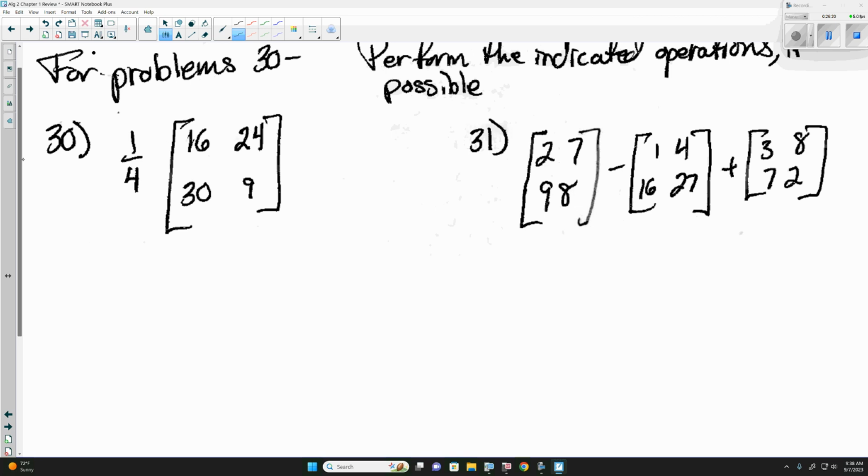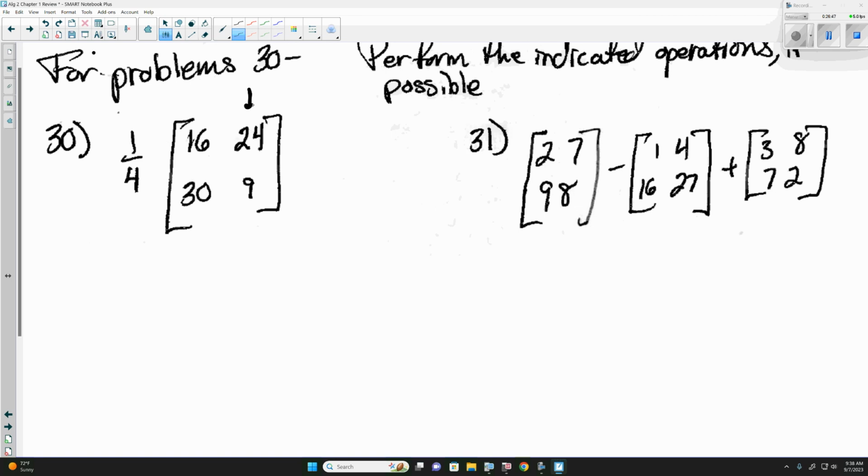Questions on these here, performing the indicated operations with matrices. So 31. Okay. Now, 30, the answer key, 1/4 of 24 is not 8. Because I think I posted, it's 6. The answer key has 8.